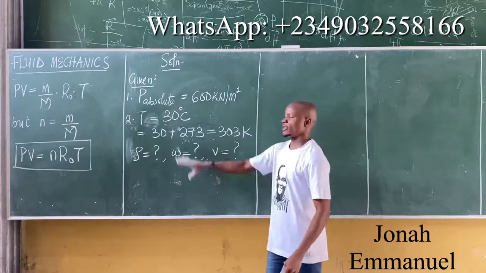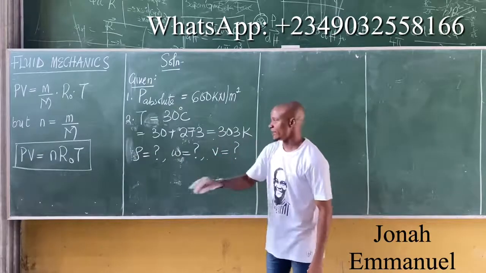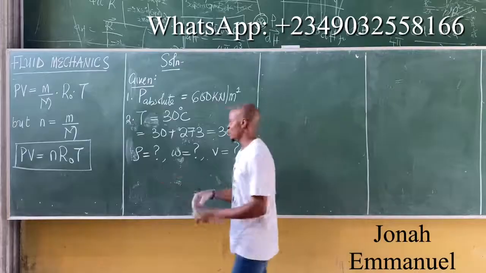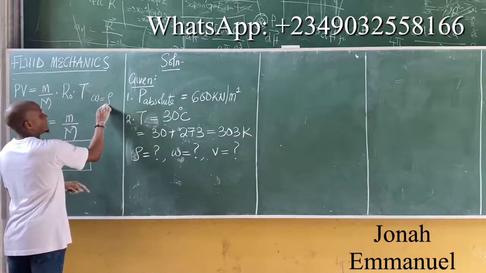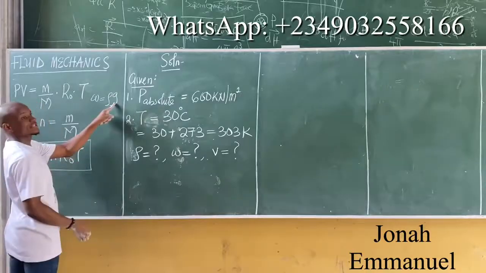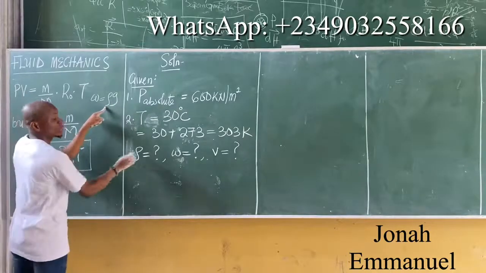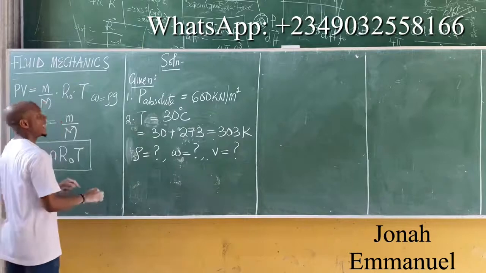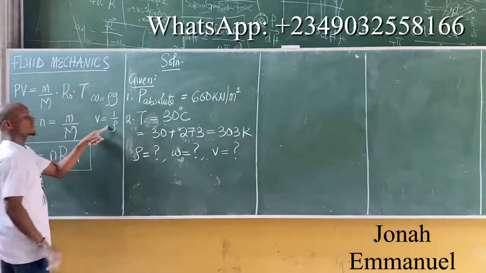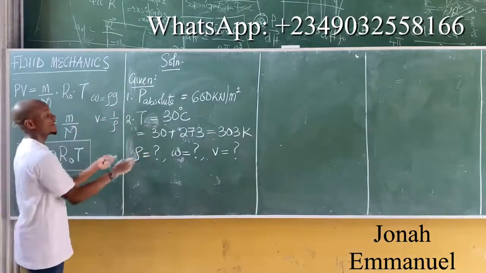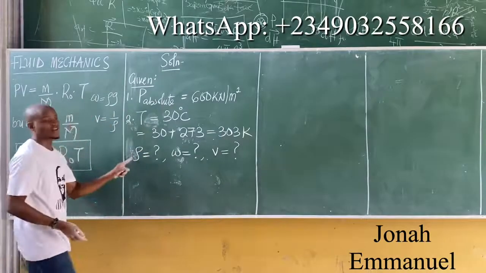Everything here hinges on my ability to find this one. Specific weight is equal to specific mass times gravity, and gravity is a constant. So if I get this, I get this one too. Also, specific volume V is equal to the inverse of mass density. So this question hinges on my ability to get the value of specific mass.